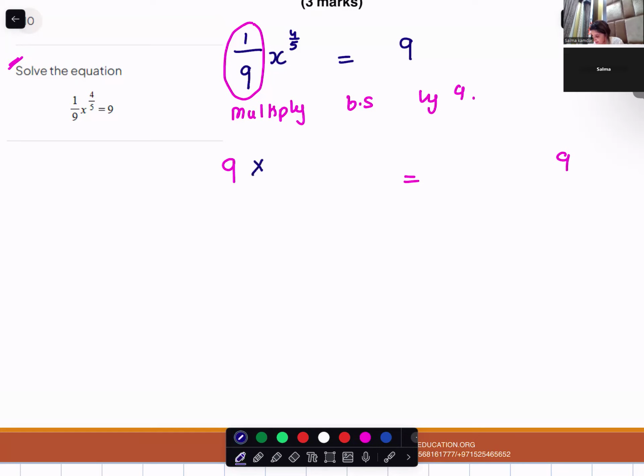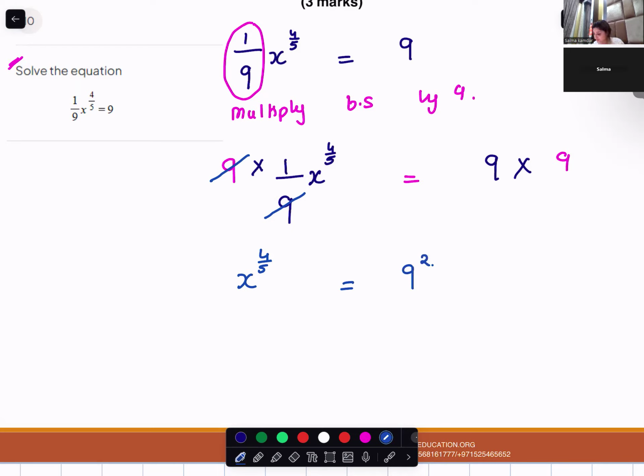What is there originally is 1 by 9, x raised to 4 upon 5. And here the 9 is there originally. Since I multiplied both the sides by 9, now this becomes more simple for me. This 9 and this 9 get wiped off, and this becomes x raised to 4 upon 5 is equal to 9 square. Okay, now this becomes easy.